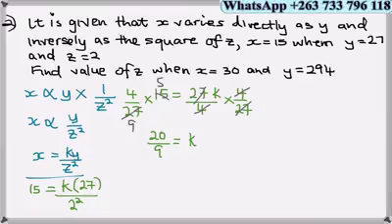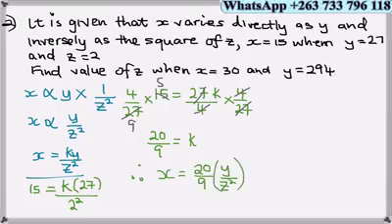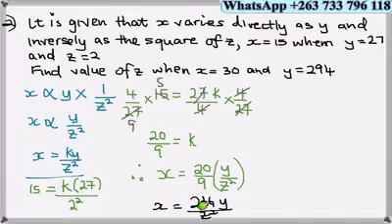value of z. So let's write the relationship, the equation. This is the value of k. So it's 20/9 y over z squared, or you can make it a mixed fraction, 2 and 2/9 y over z squared.